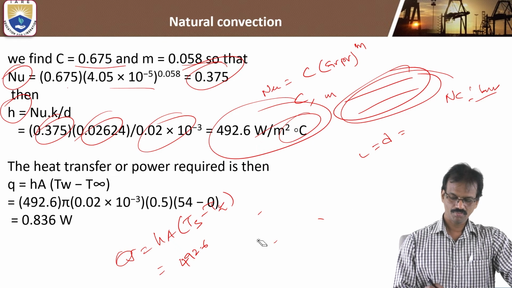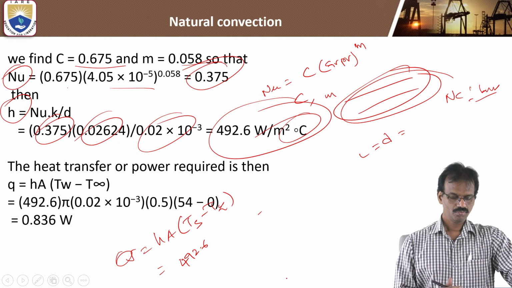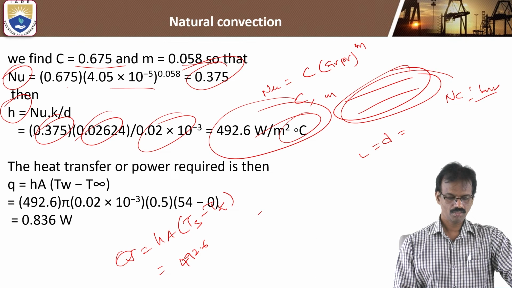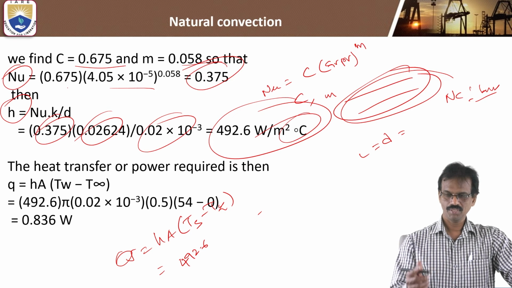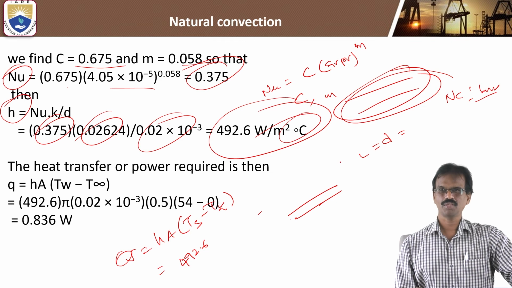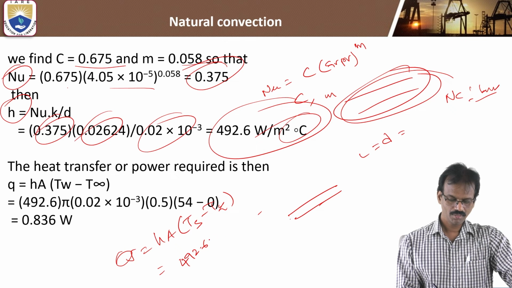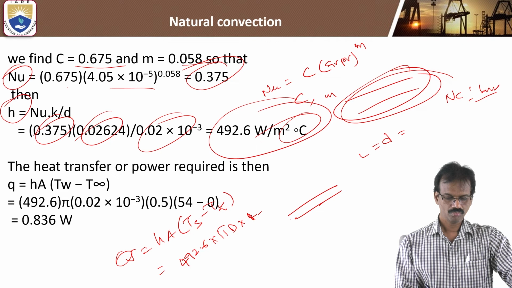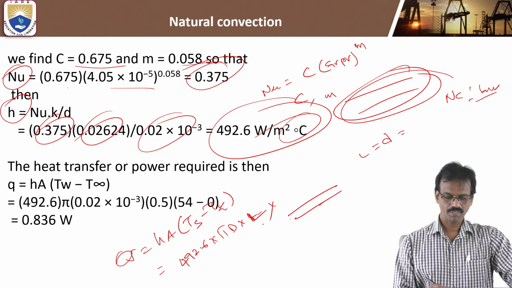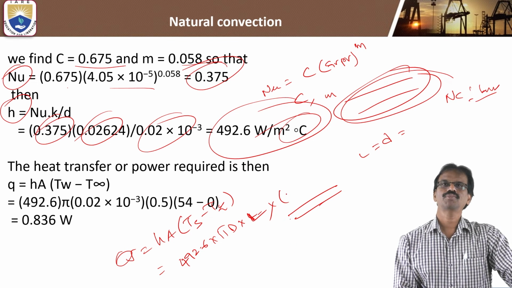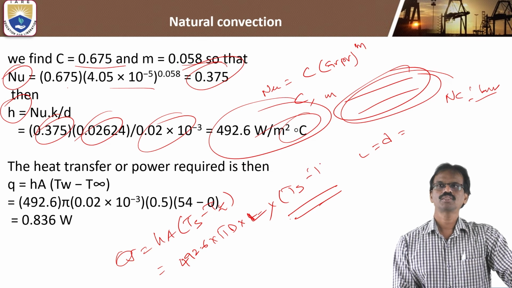The area is the outer surface area of the pipe, that is pi d L. L is equal to 0.5, as given already, into the temperature difference, Ts minus T infinity.